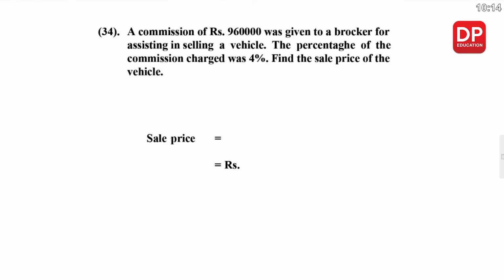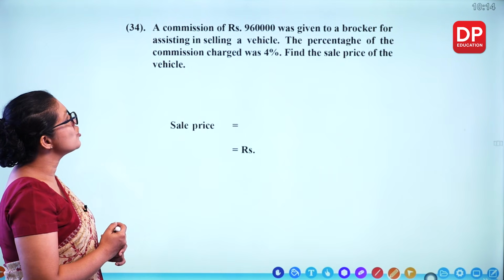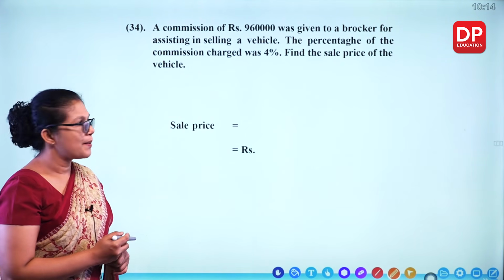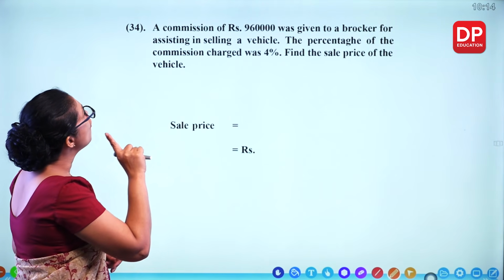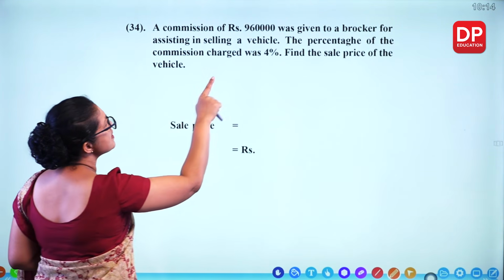A commission of 960,000 was given to a broker for assisting in selling a vehicle. The percentage of the commission charge was 4%. Find the sale price of the vehicle. So it says 4%. The commission is 960,000. That's 4%.